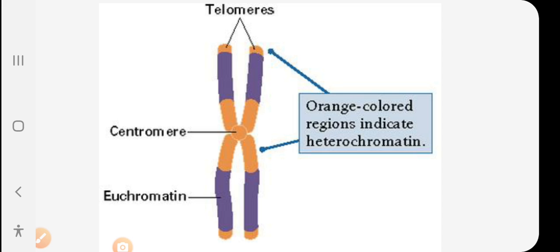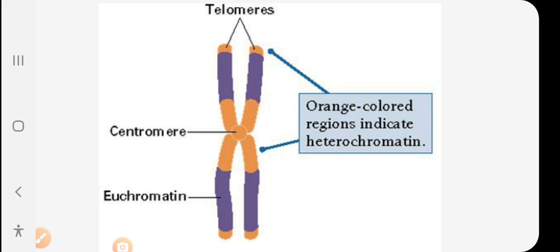If the telomere length is very short, the number of cell divisions is very few, and eventually cell division stops after some divisions. That means the cell becomes aged. So the length of the telomere and telomerase are related to aging and cell division.